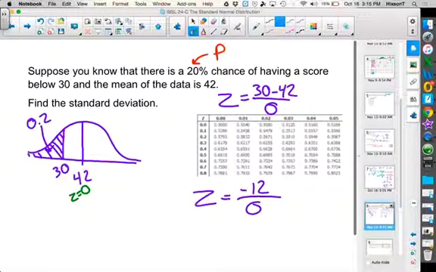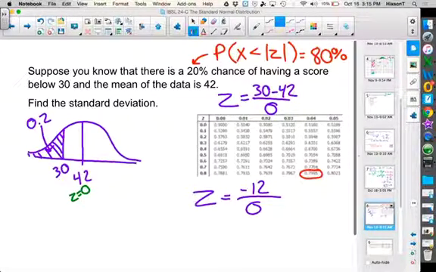So the probability that X is below the absolute value of Z is going to be 80%. And if we look here at our table, we have 0.7995. That's the closest to 80% that we've got. So 0.84 is Z. Okay? 0.84.